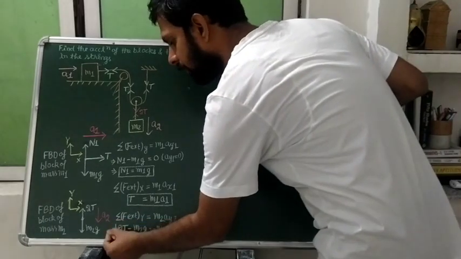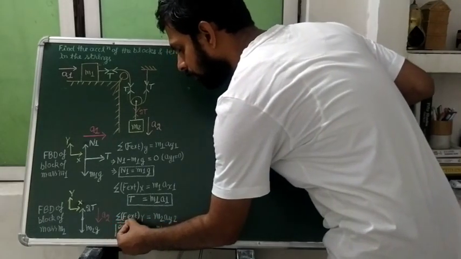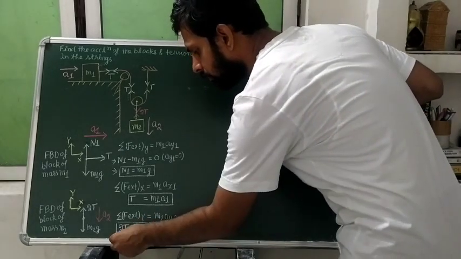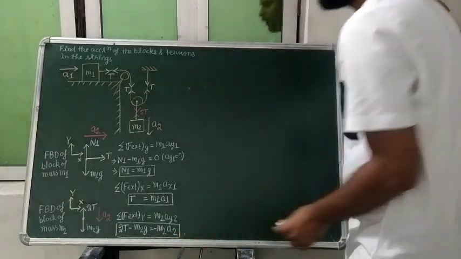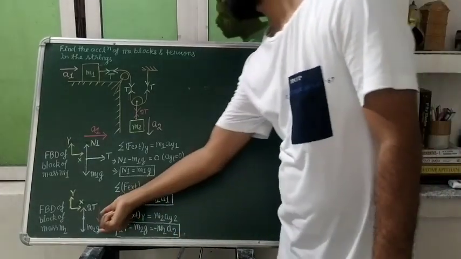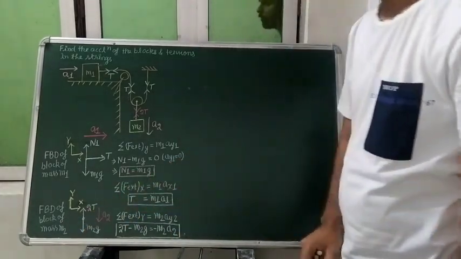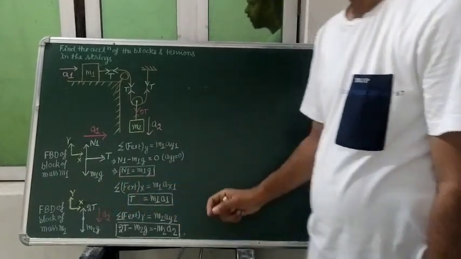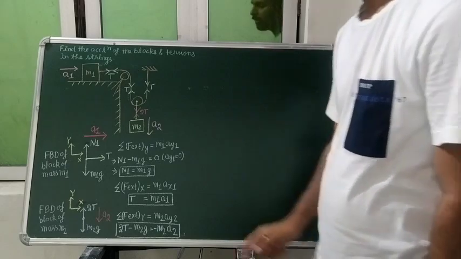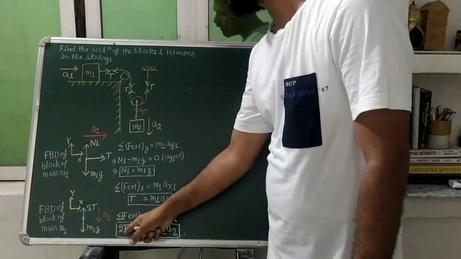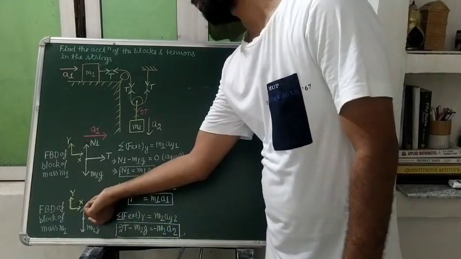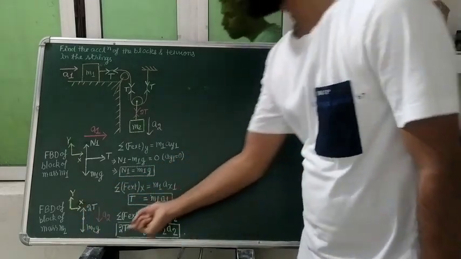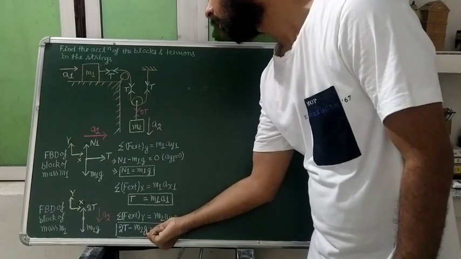Obviously, students, if it is accelerating downward, the force due to gravity should be more than the tension. The 2T vector should be small, this should be more, and from the small you are subtracting the big.